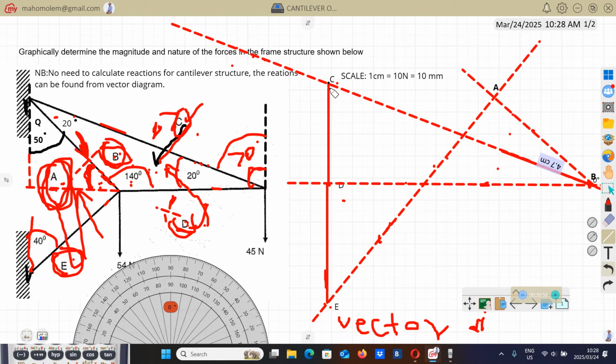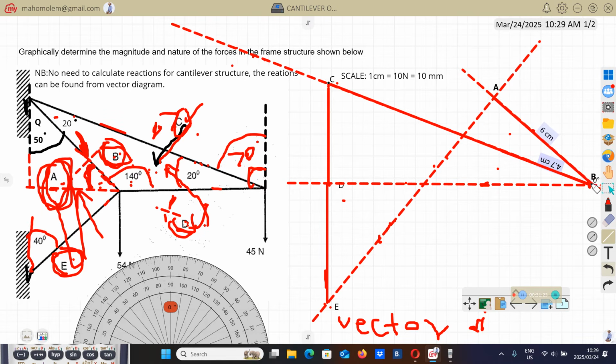So you come here and make BC a solid line. This is B, this is C. You make it a solid line like this. These dotted lines are the construction lines. Then you come to this member, from here to there, which is AB. So you join A and B.